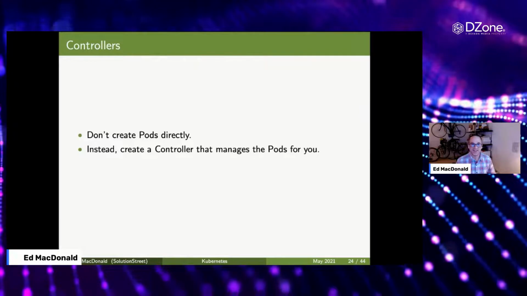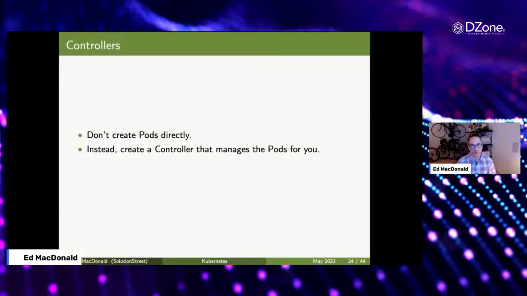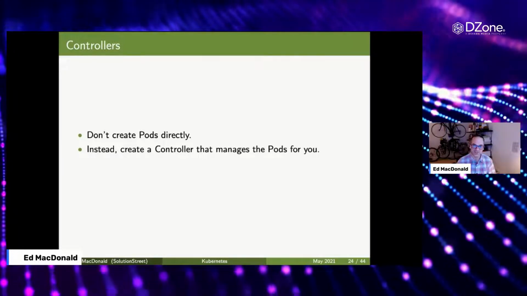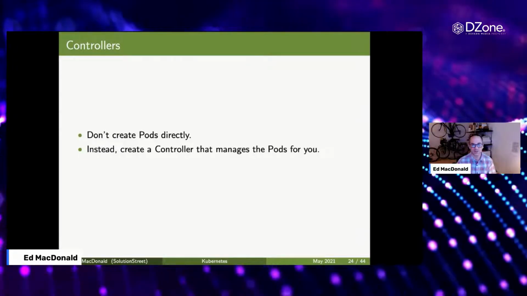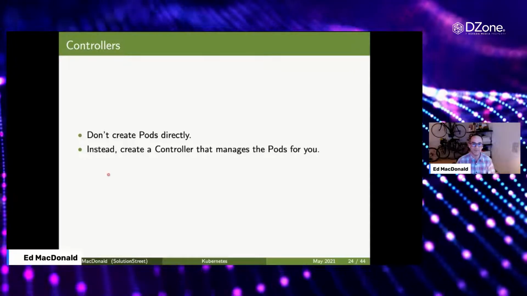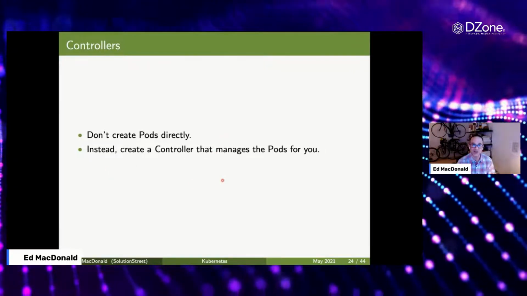So if you're deploying your app manually as pods, then you're responsible for creating more pods or creating fewer pods, which is why nobody does it. Instead, they use controllers and say, I want anywhere between this number of pods and this number of pods, for example. And here are the constraints when you should scale up or scale down, etc. So instead, you just let a controller manage the pods for you.